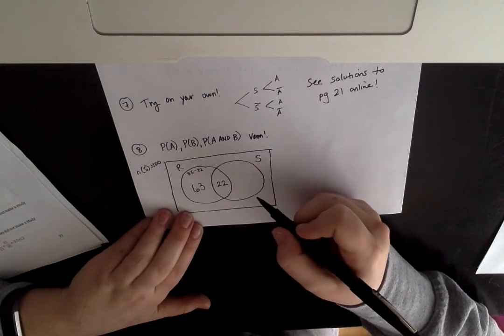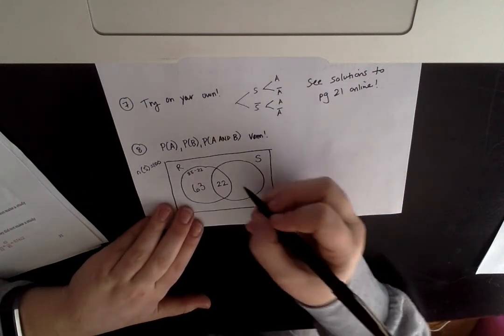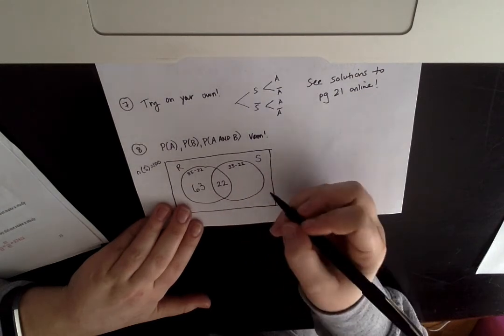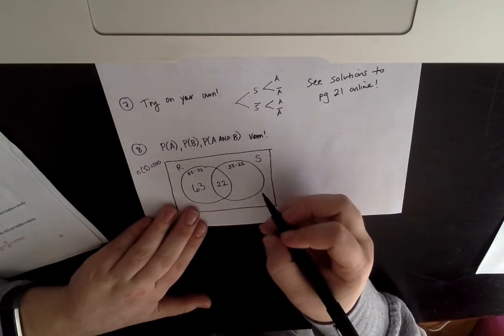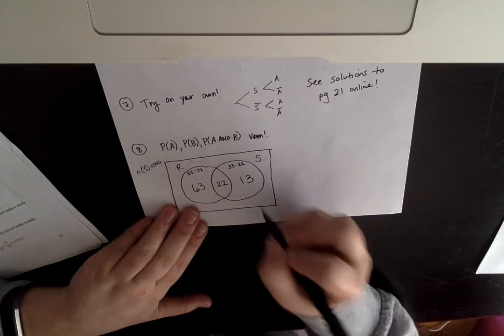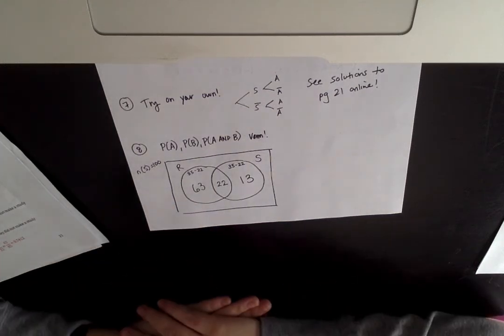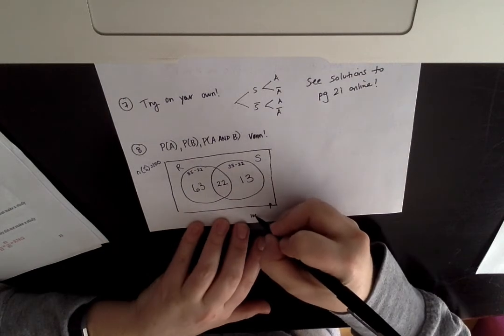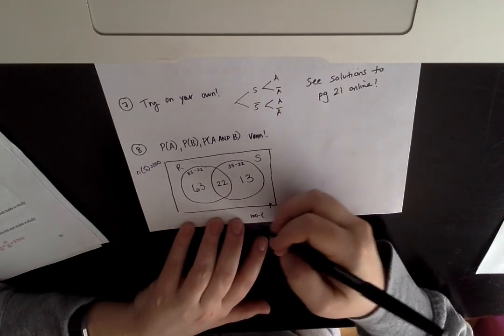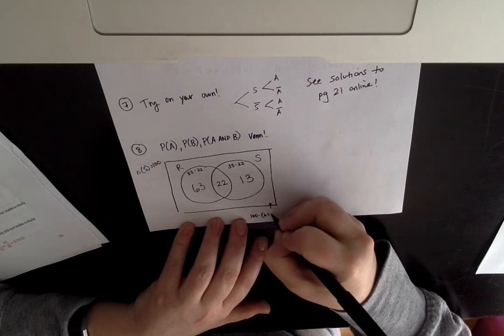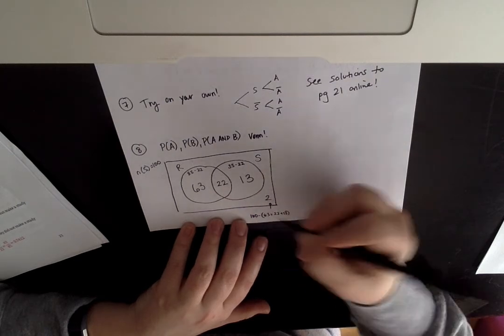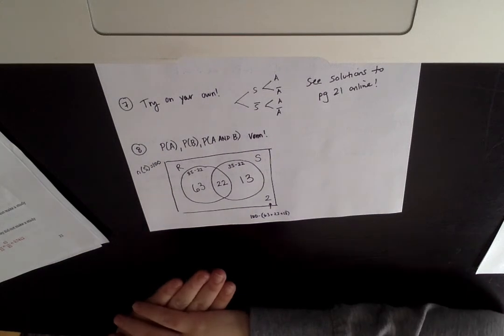And then this side, it says 35% made a study guide. So that does not say only a study guide, so we have to take into account the people who did both, which means that there are 13 people who only made a study guide. Now, this number outside is found by doing 100 minus those numbers added up. So 63, 22, and 13, and we get 2 people who didn't do either.